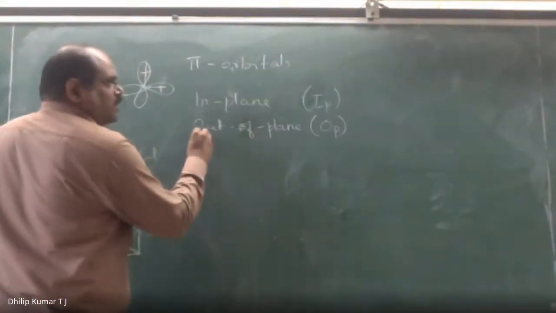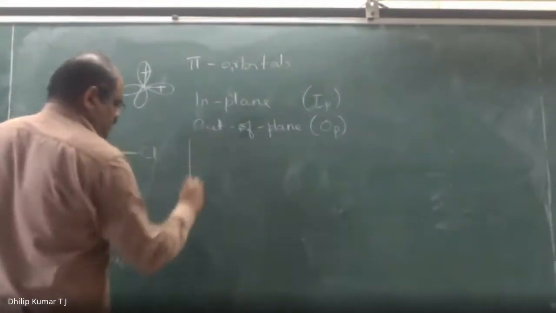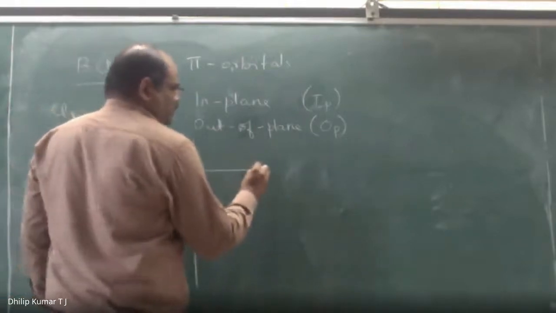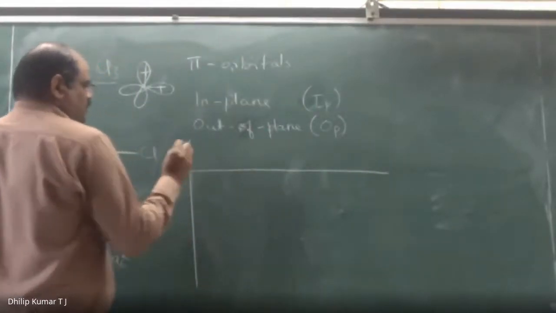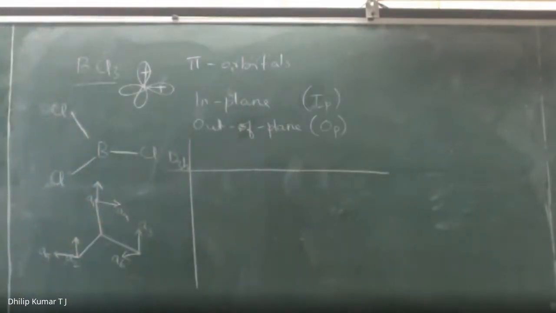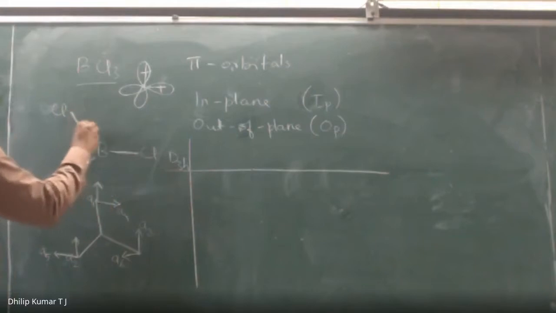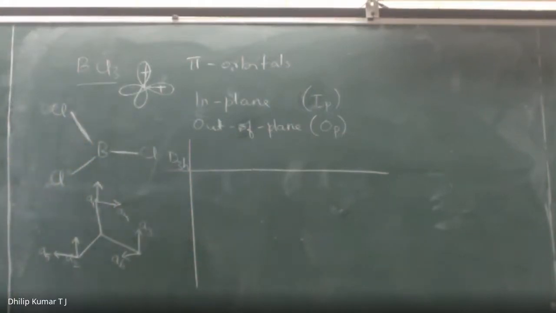If I write it here, it's too big, so you can refer to the D3h point group character table. Our aim is to find out which orbitals these bonds are made up of, which orbitals are involved in bonding, which are filled and which are not, and their symmetry.